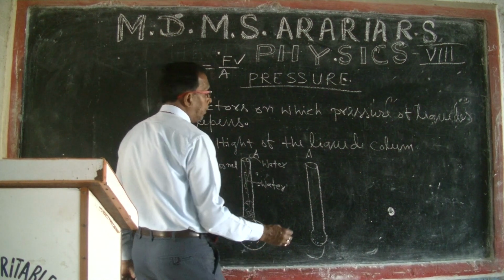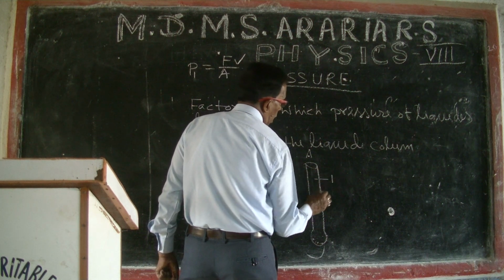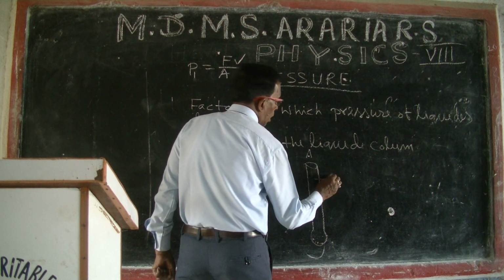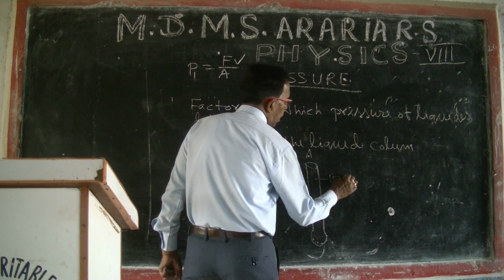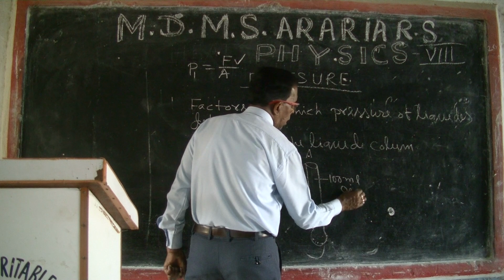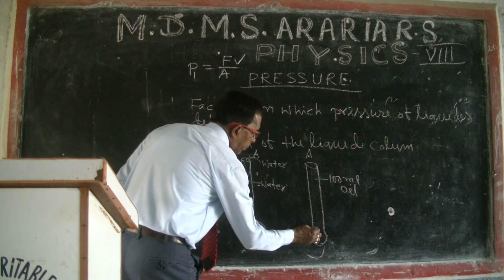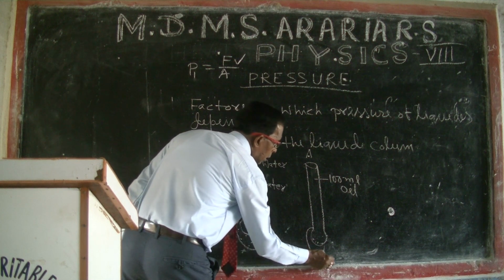And when you are filling here mercury, 100 ml of mercury, then the shape of the balloon is increased greater.